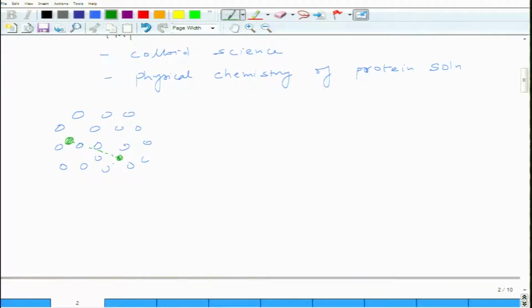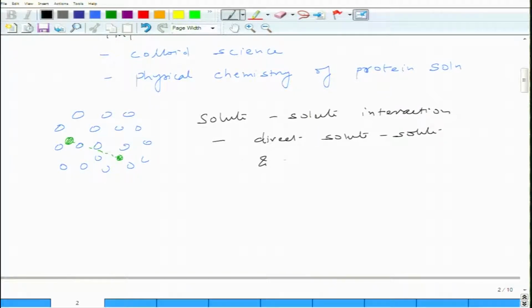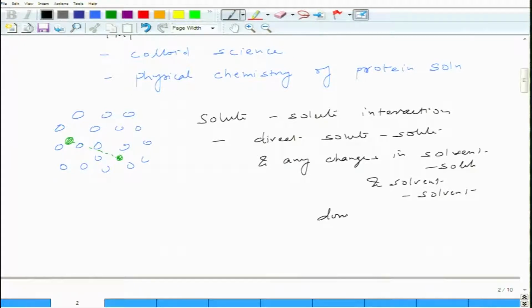Now the effective solute-solute interaction includes the direct solute-solute interaction, as well as any changes in solvent-solute and solvent-solvent interactions during the approach.